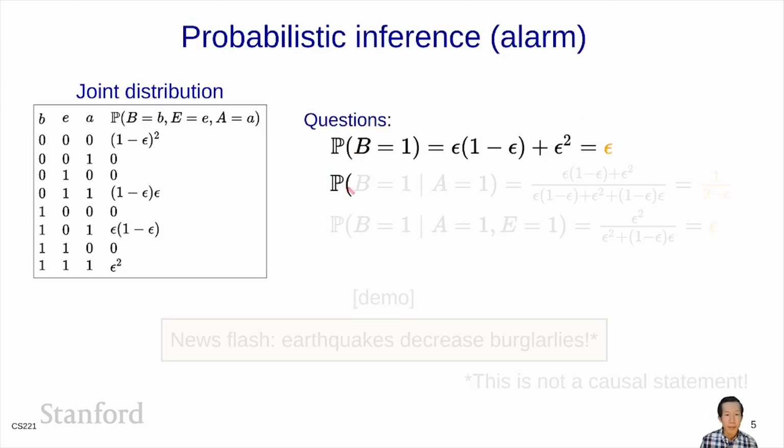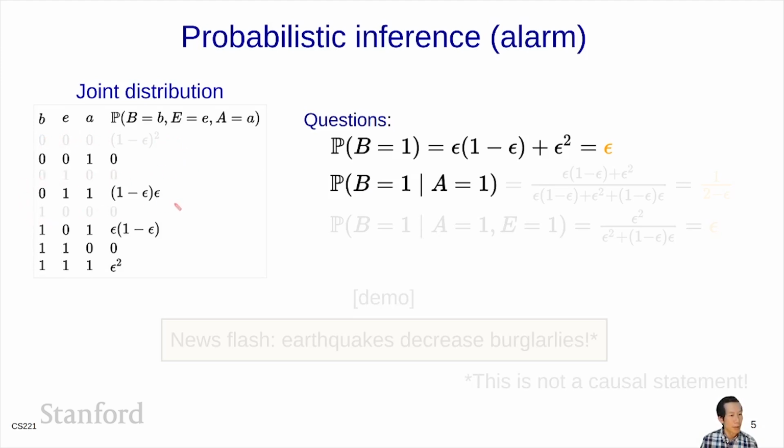Okay, so what about the probability of burglary conditioned on the alarm? Remember, for conditional distributions, I'm going to now wipe out all the rows where A is not 1. So I'm left with all these rows which are consistent with my evidence of A equals 1. And now I'm going to look at the probability of B equals 1. So that's these two rows.